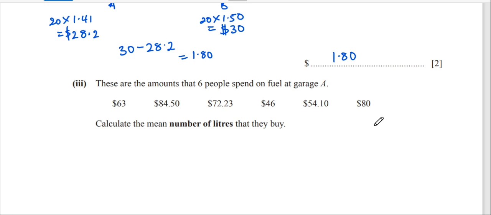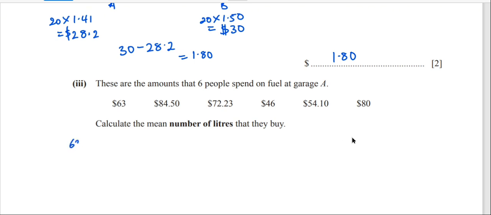So there are two ways to do this. You can convert each amount to liters, add all of them and divide by the total number, which is 6. Or you can add all these numbers here and divide by 6, then find the equivalent liters of fuel that you can buy, which is the method I'm going to use.